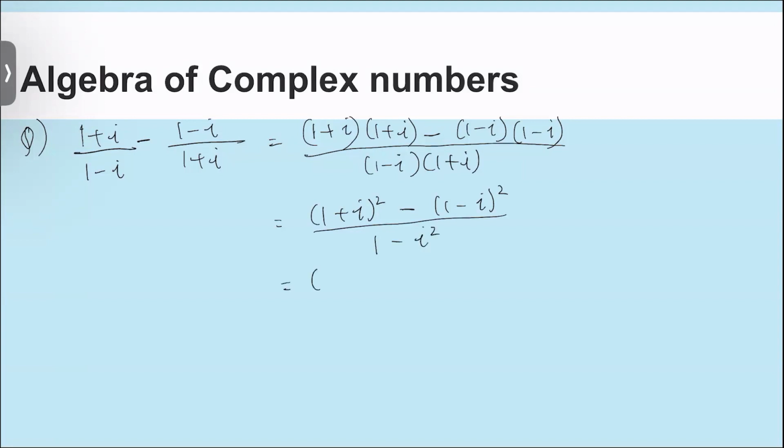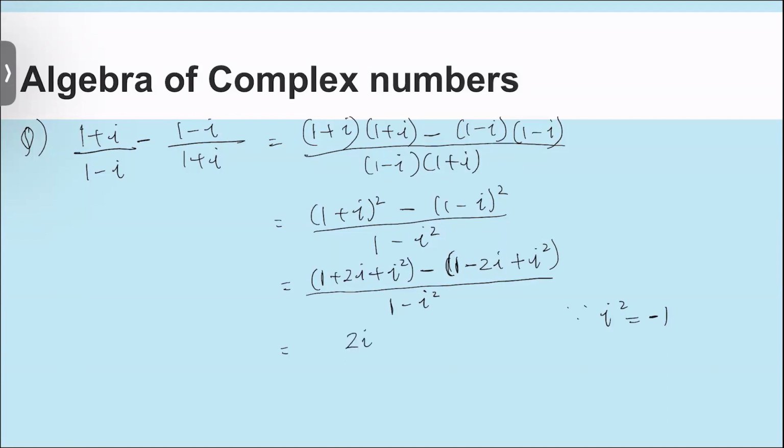Okay, so you expand this: 1 plus 2I plus I squared in the numerator, and in the denominator 1 minus I squared. Now, since we already know that I squared is equal to -1, you can write the numerator as 2I, because I squared becomes -1, then -1 and 1 get cancelled out.